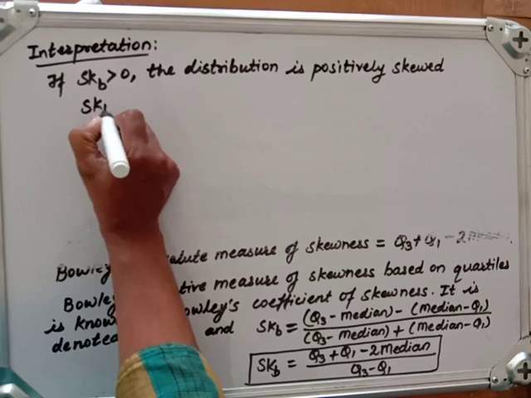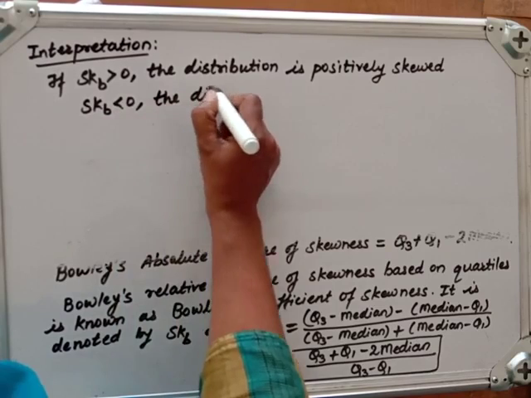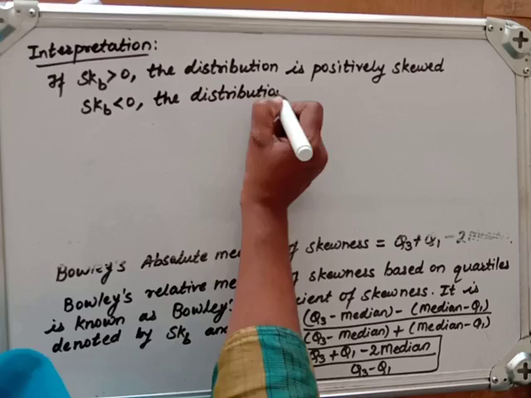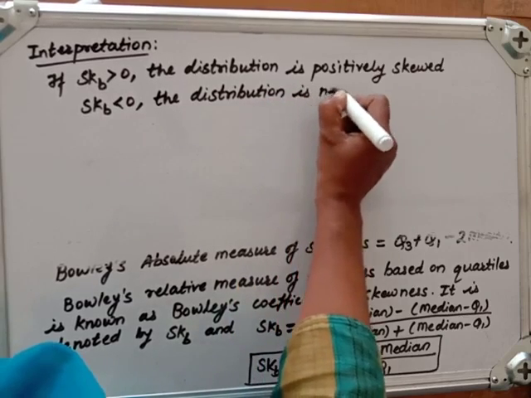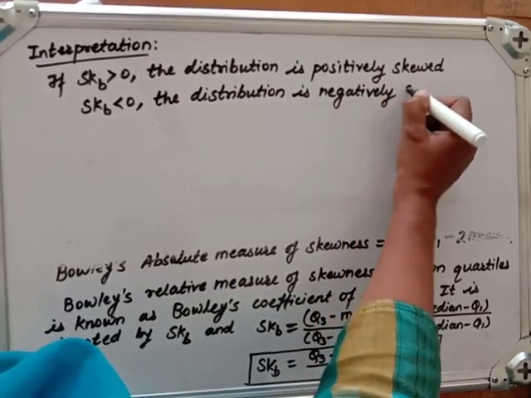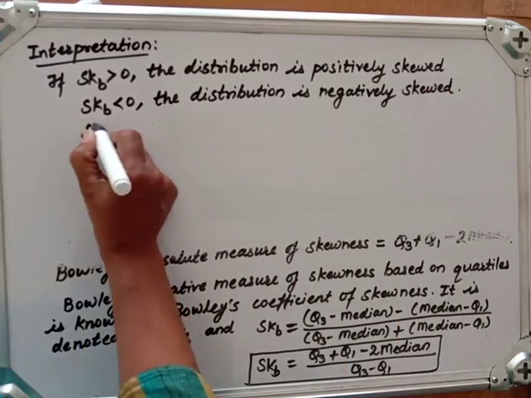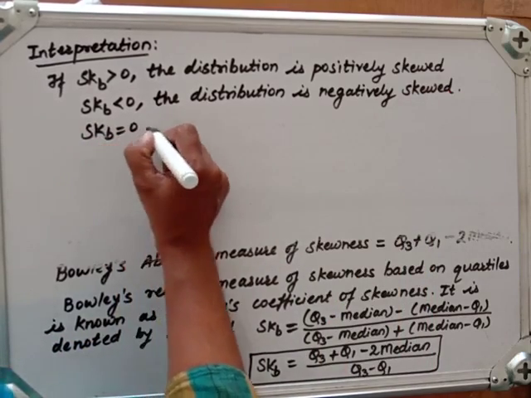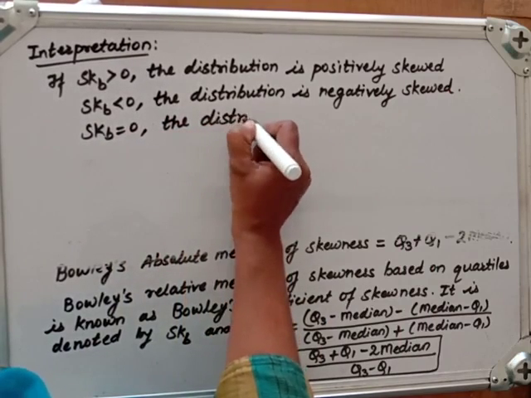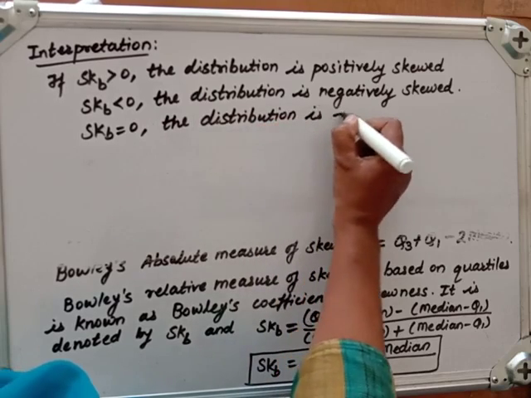If SKB is less than 0, the distribution is negatively skewed. And if it is 0, the distribution is symmetric.